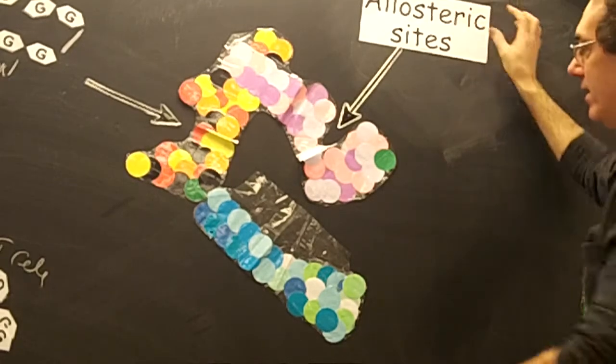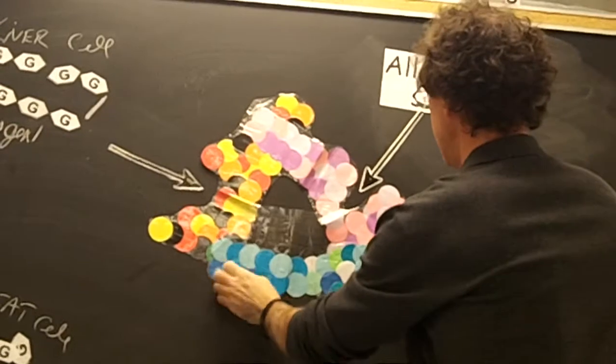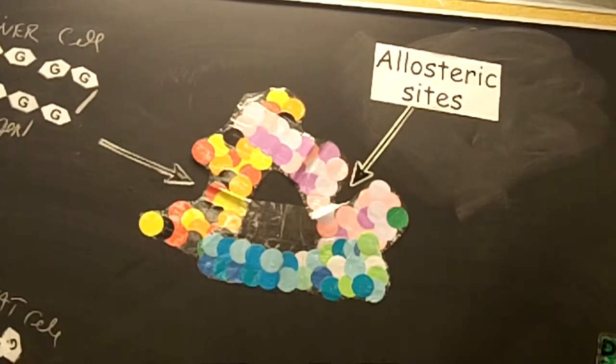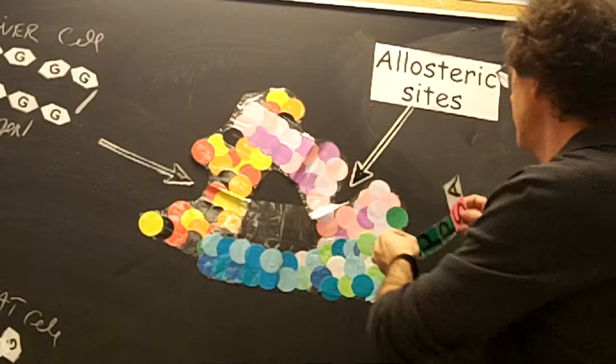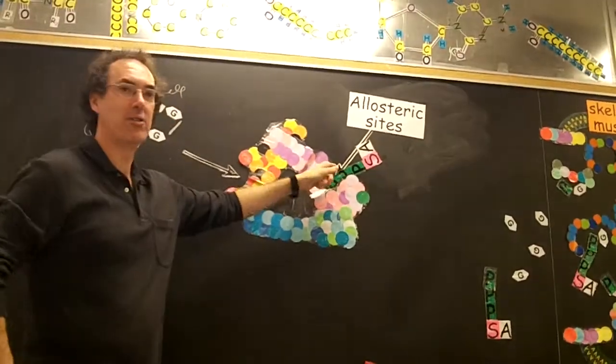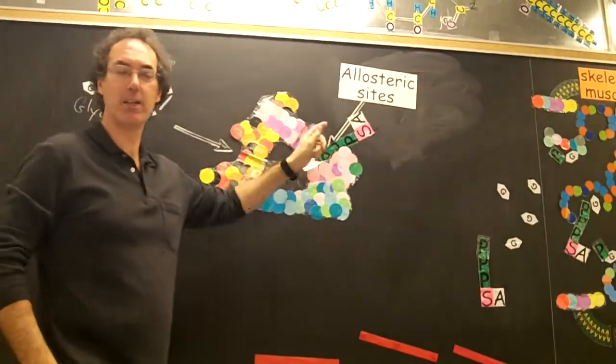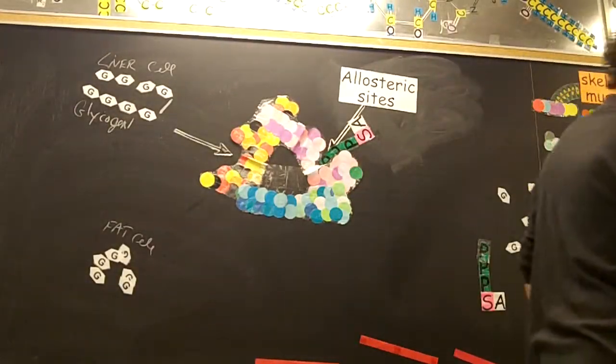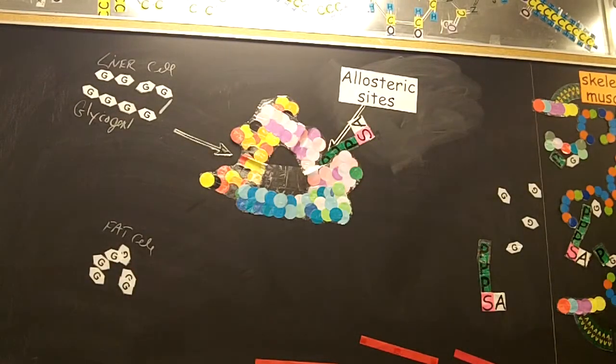Okay. Enzyme is shut off. I'm going to put an ATP molecule in this allosteric site here. So imagine that, eh? Now think about this, squad. I'll name this enzyme in a minute.